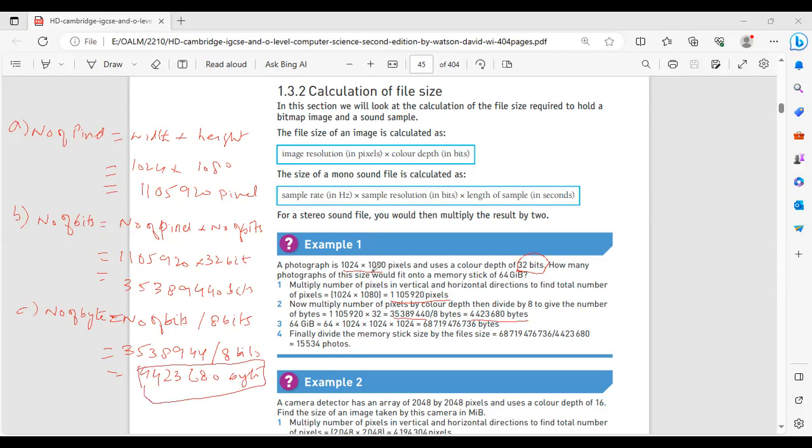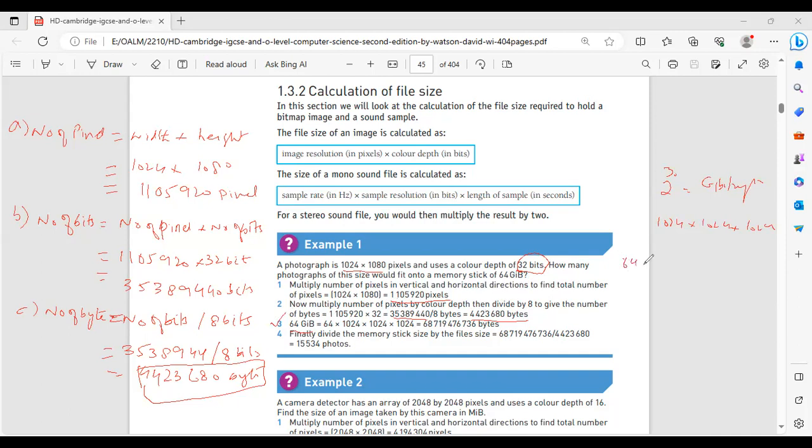So now we need to know how many bytes can be stored in 64 GB. As we know, 2 power 30 is equal to one GB. So 2 power 30 means you multiply 1024 into 1024 into 1024, three times.